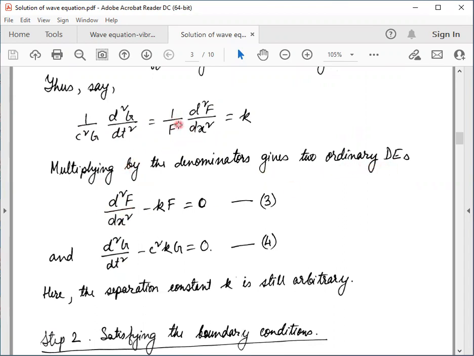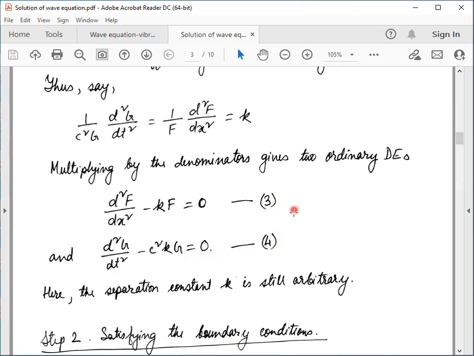If I multiply k by f, and then bring k towards the left, I get d2f by dx square minus kf equal to 0. Similarly, if I multiply k by c square g and bring k towards the left, I get d2g by dt square minus c square k times g equal to 0.